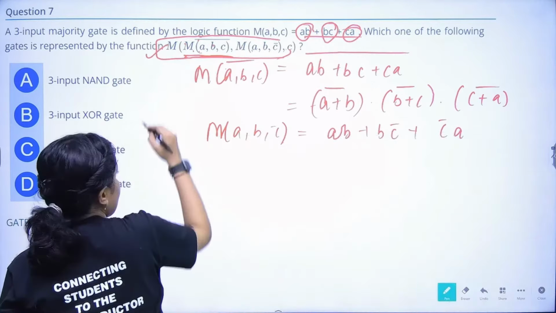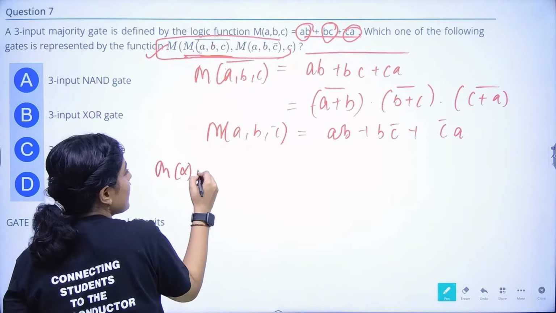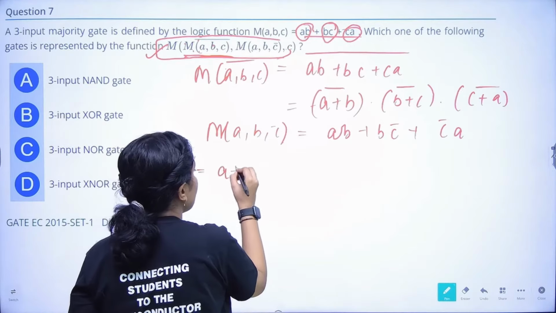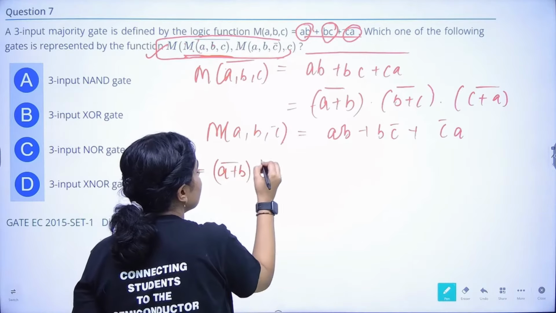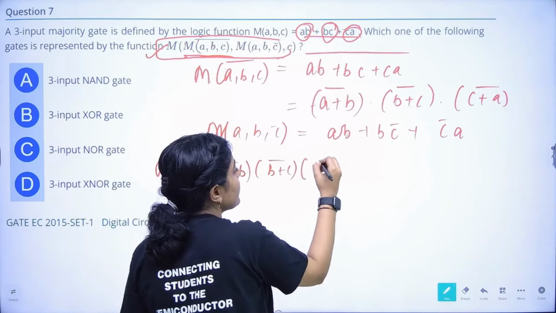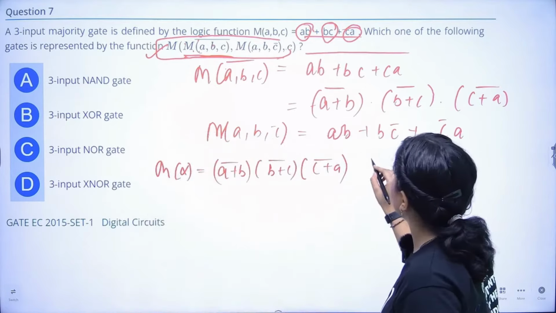That's this complete expression. I'm writing it MX. Okay, so that will be A plus B bar, B plus C bar, C plus A bar dot. What is B?